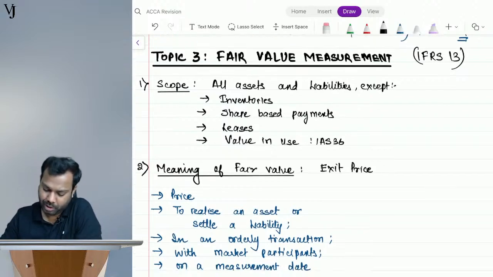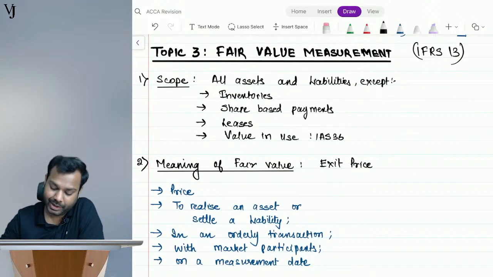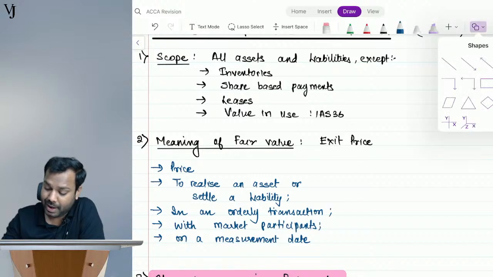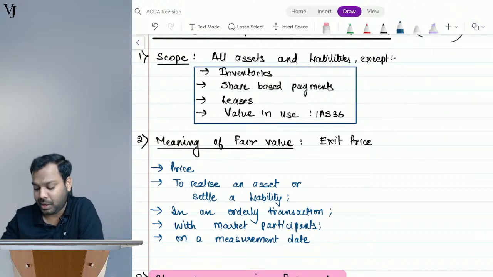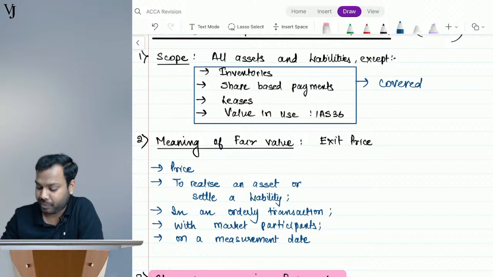Understand? It covers all the assets and liabilities, except inventories, share-based payments, leases, and value in use, because the standard says that they are separately discussed in their respective standards.